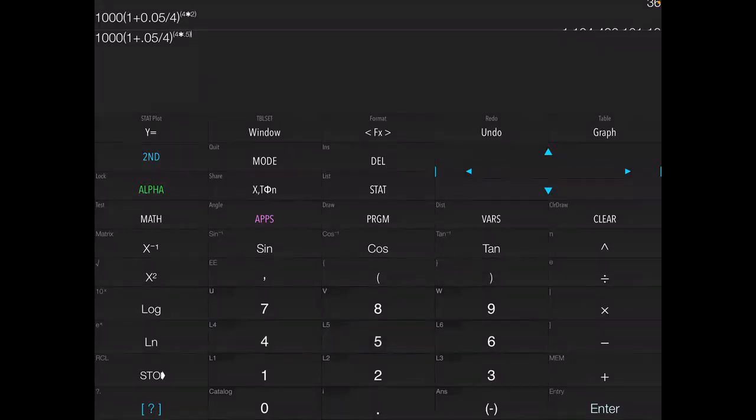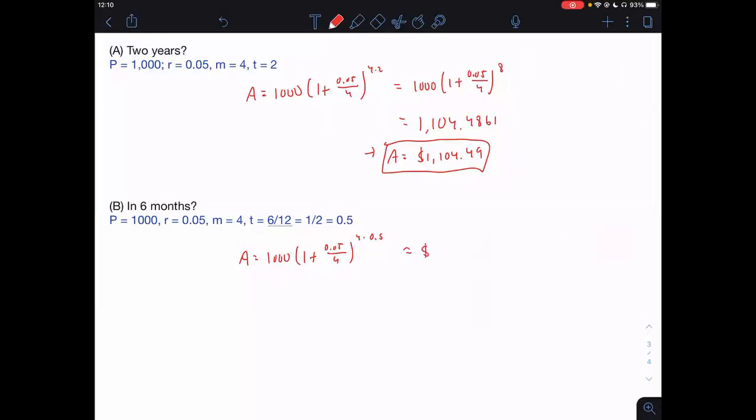Right, to give us a future value in 6 months of $1,025.16. Round to the nearest cent, 16 cents here.